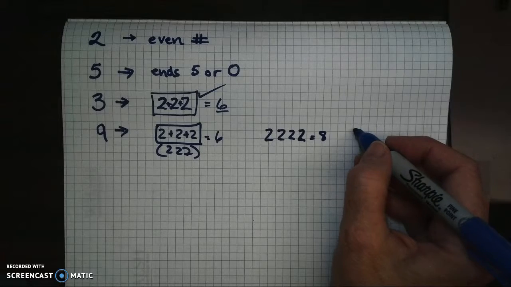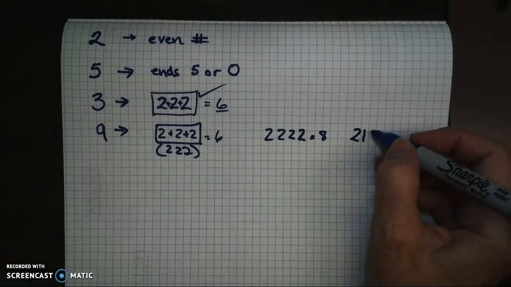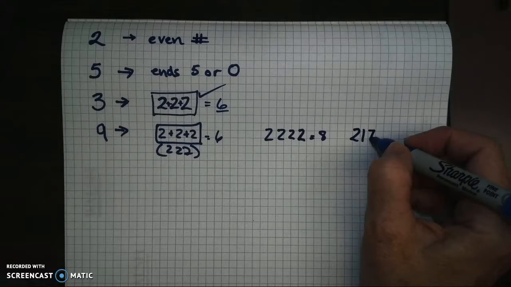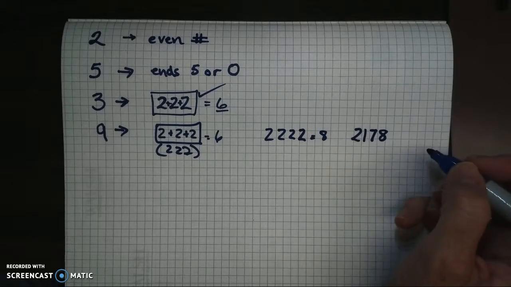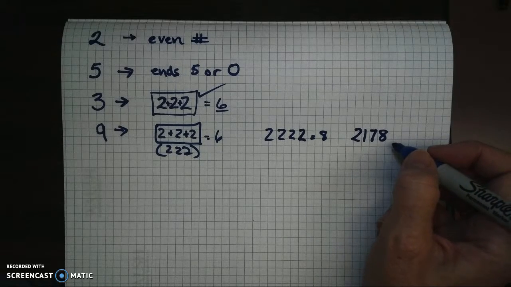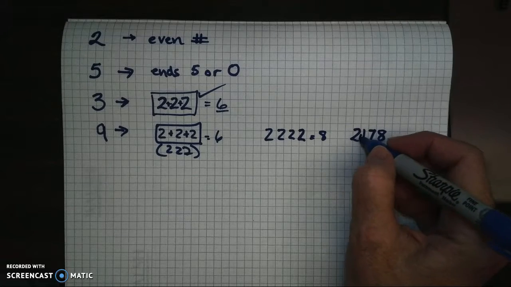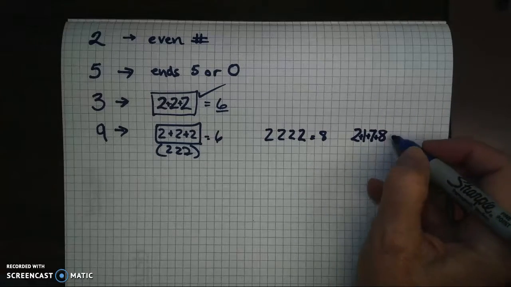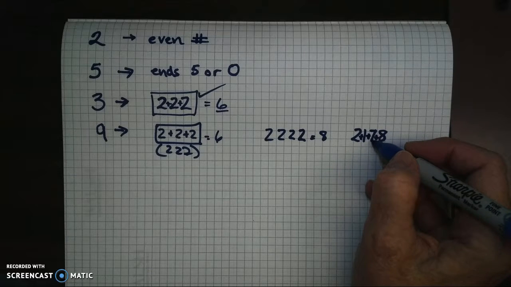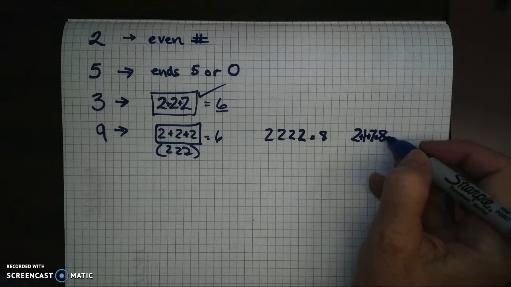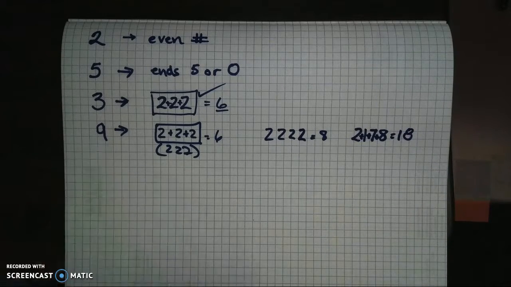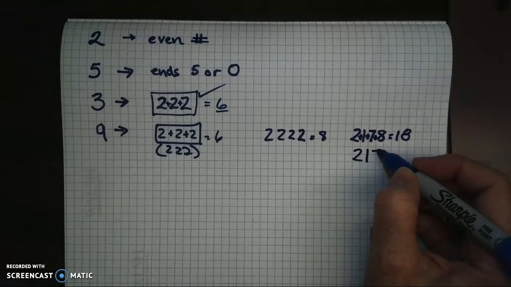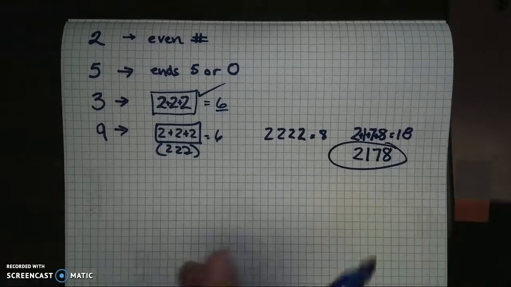How about 2,178? Is that divisible by 9? Well, add them together. 2 plus 1 is 3, plus 7 is 10, plus 8 is 18. Is 18 divisible by 9? Yeah, so 2,178 is divisible by 9.